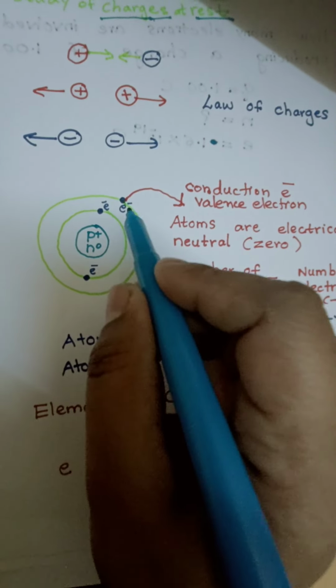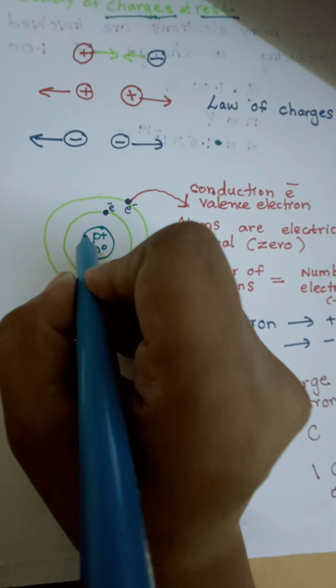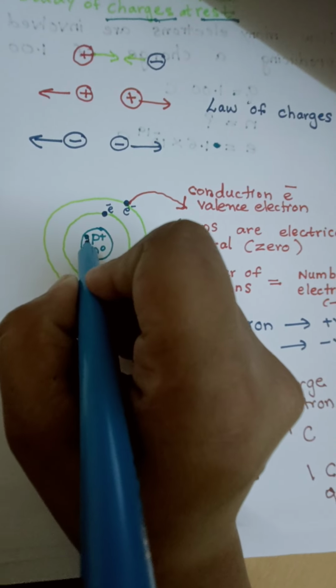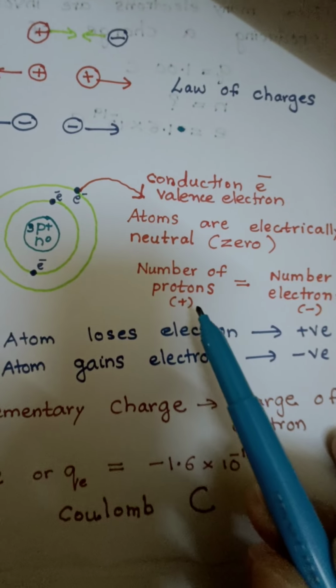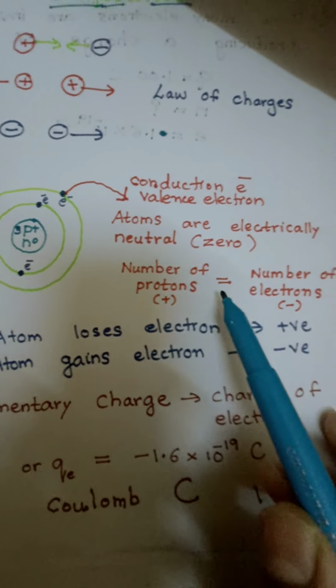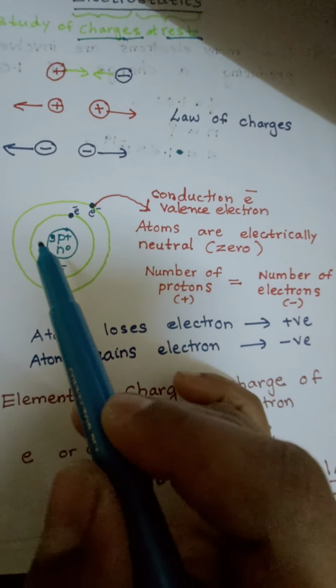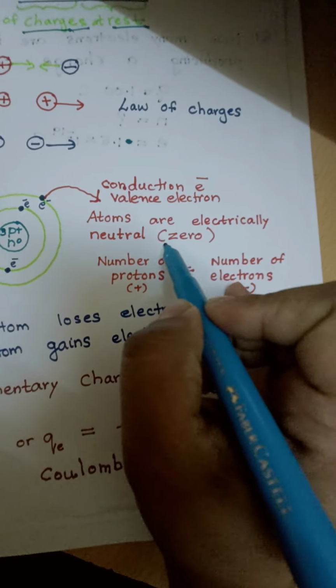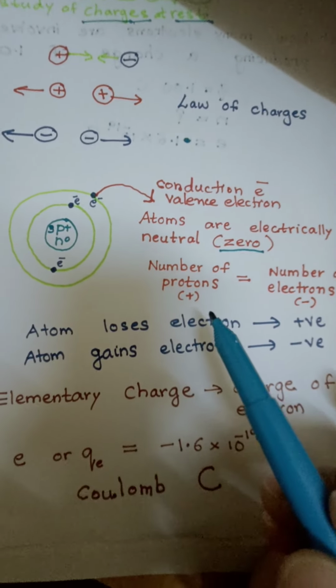There are total 3 electrons in all the two orbits. So the number of protons will also be 3, which means the number of protons, the positive charge, is equal to the number of electrons. So the total charge of this atom will be 0. So we can say atoms are electrically neutral.